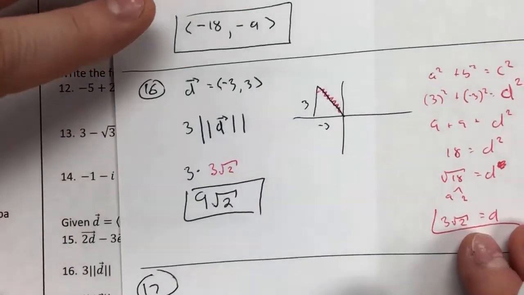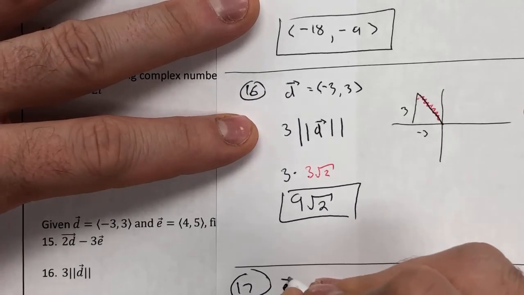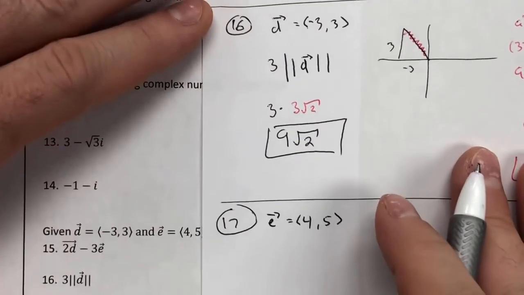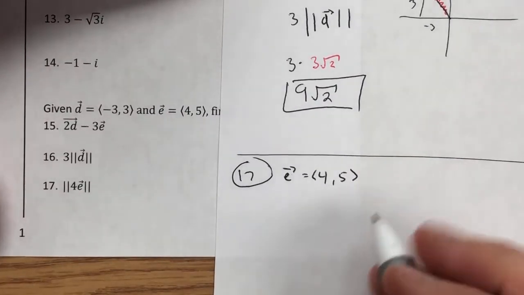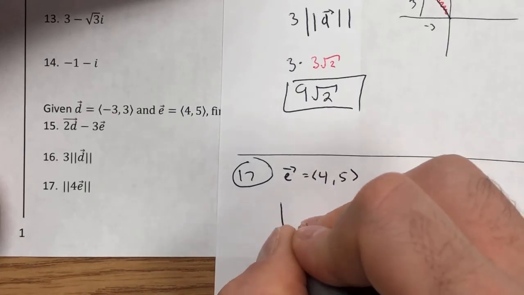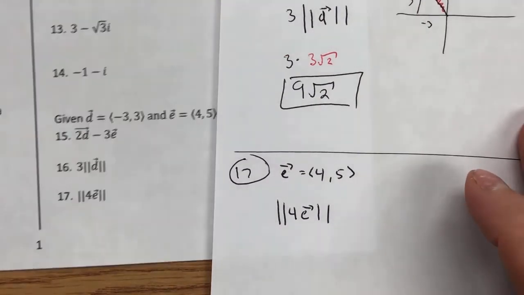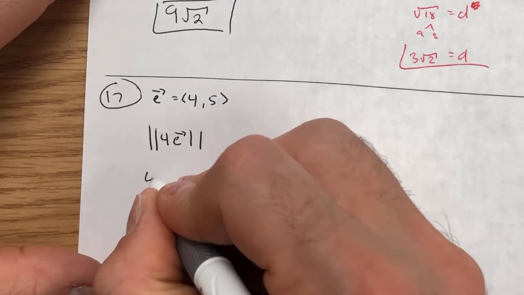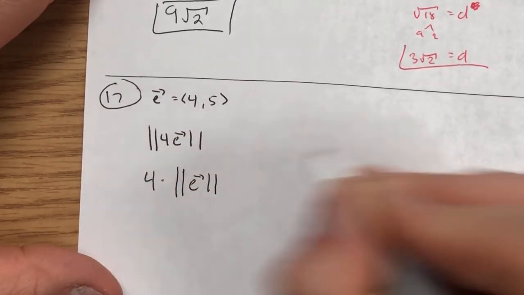Let's take a look at number 17. Let's copy down vector E, which is 4, 5. I want to figure out the magnitude of 4E. I can rewrite this as 4 times the magnitude of this E vector.